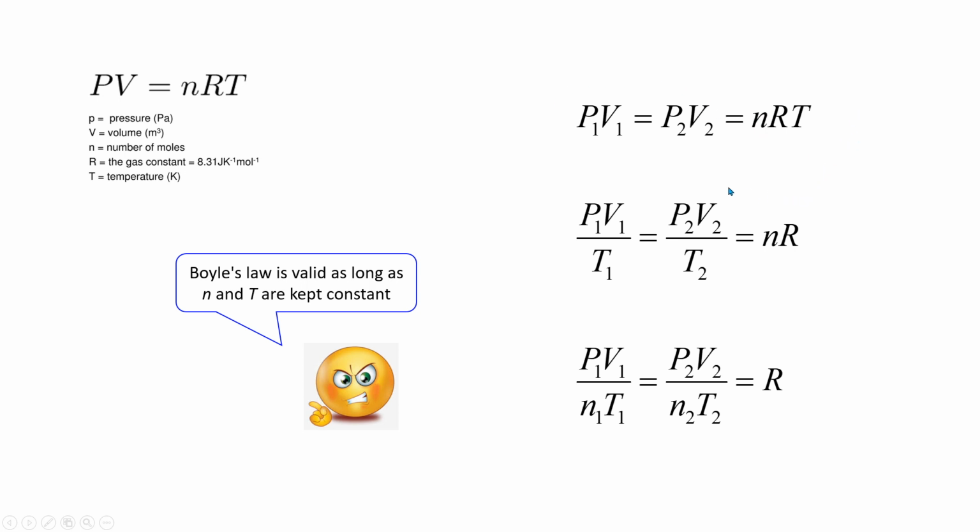In a similar fashion, we can also rewrite it in this form where the temperature has to be kept constant, and P1 V1 by T1 is constant only if the number of molecules is constant.